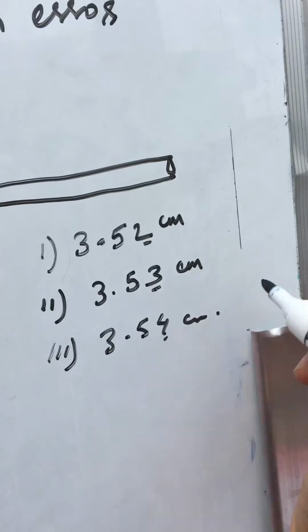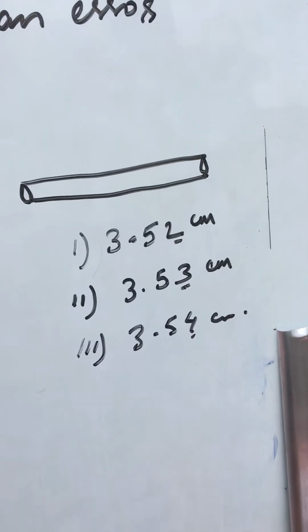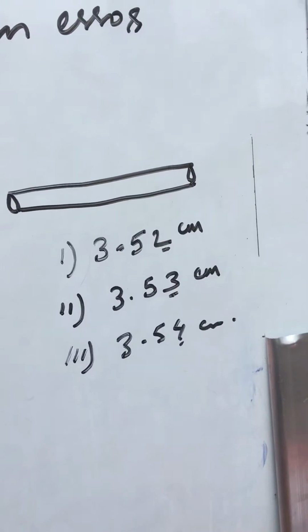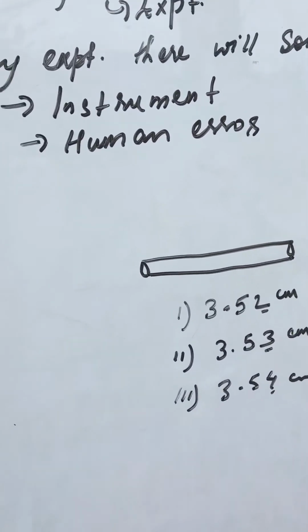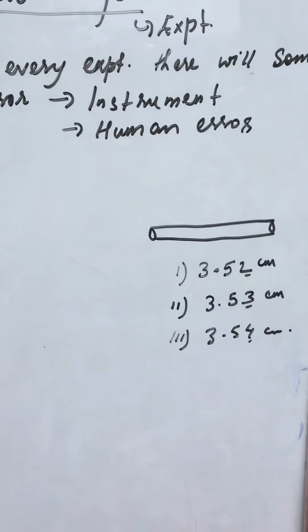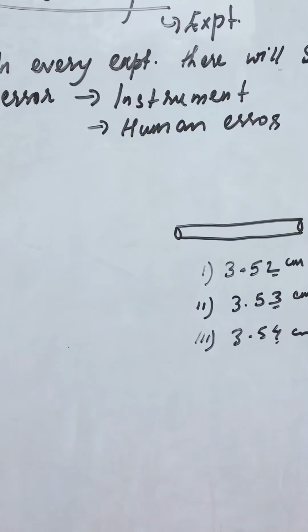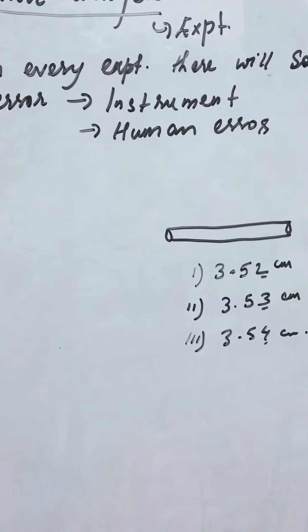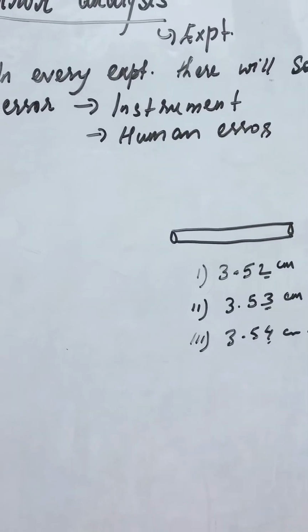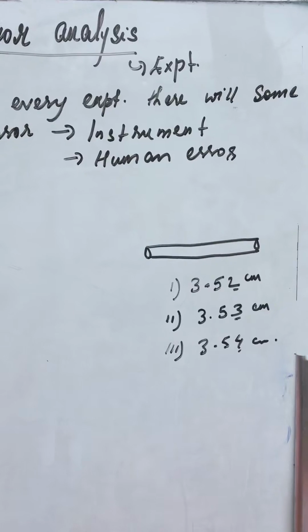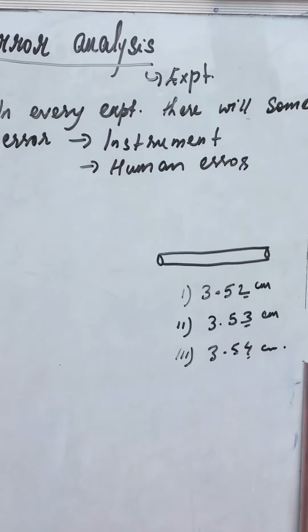Now which is the true value? We know that whatever experiment we do, there will be some error, which can be due to the instrument, human error, or other reasons like laboratory and physical conditions.